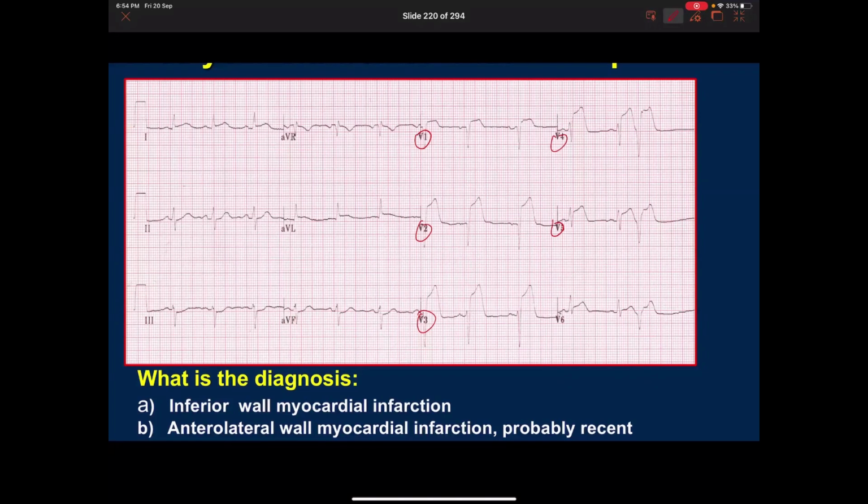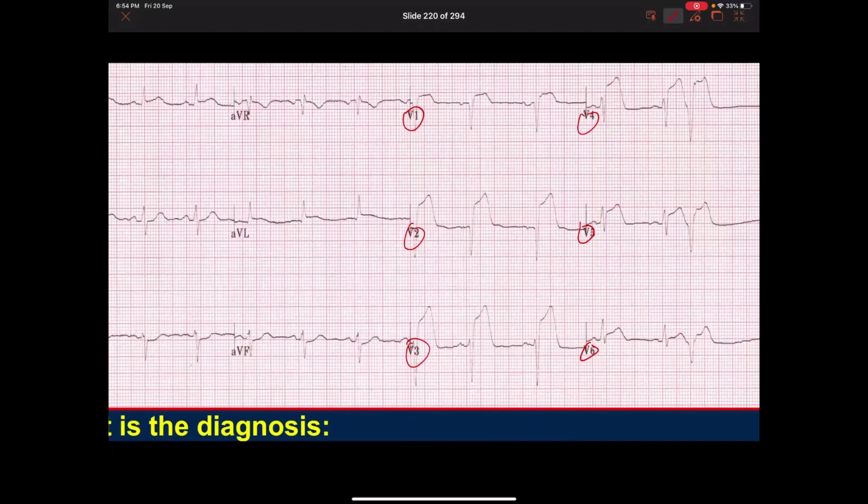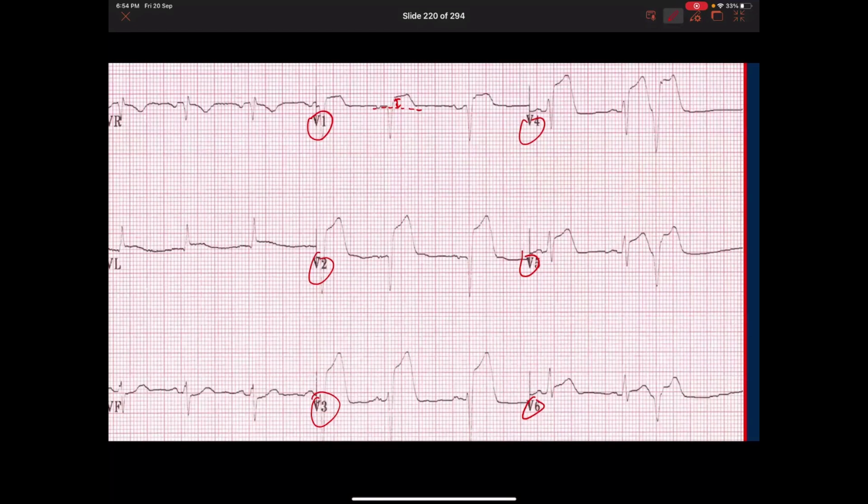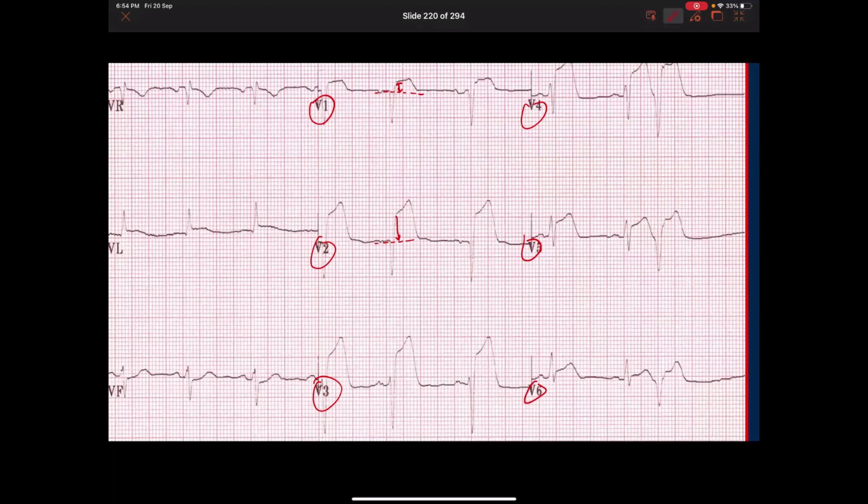V1, V2, V3, V4, V5, V6. Let's look at them. So this is the isoelectric point. There is an elevation here, yes. In V2, this is the isoelectric point, this is the elevation. V3, this is the isoelectric point. Yes, there is an elevation, very big one.